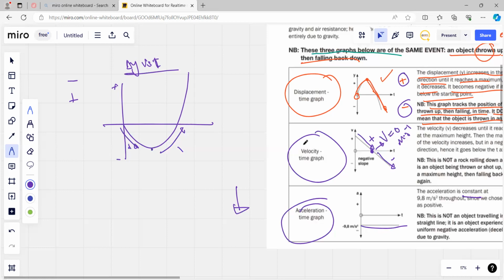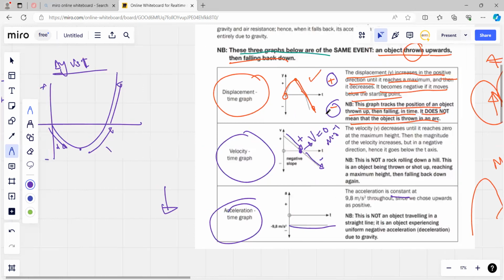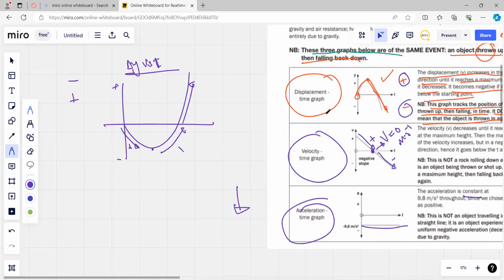As you can see, when the object keeps on going that side, it starts to have a negative displacement. So basically it becomes the opposite of this one. This one is when upward is positive and downward is negative. This one is when upward is negative and downward is positive. So it will be like that. You just have to know this by heart.